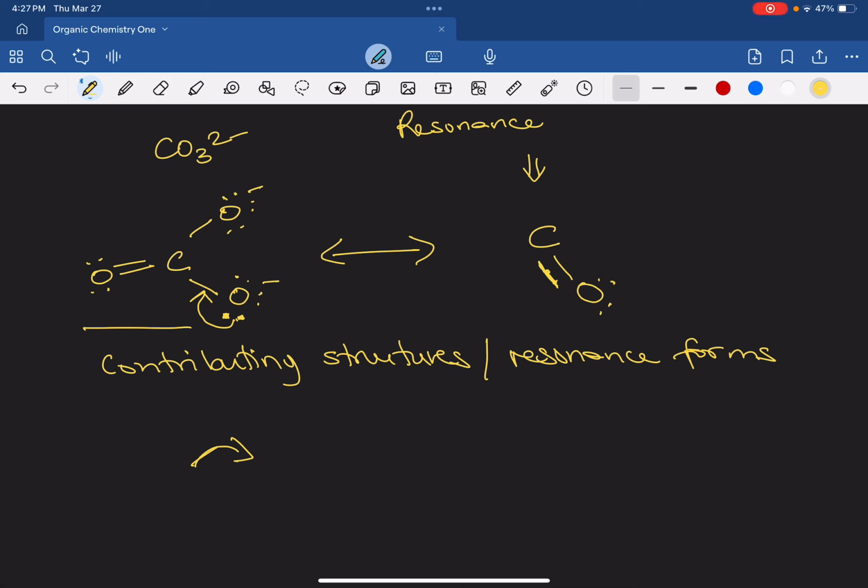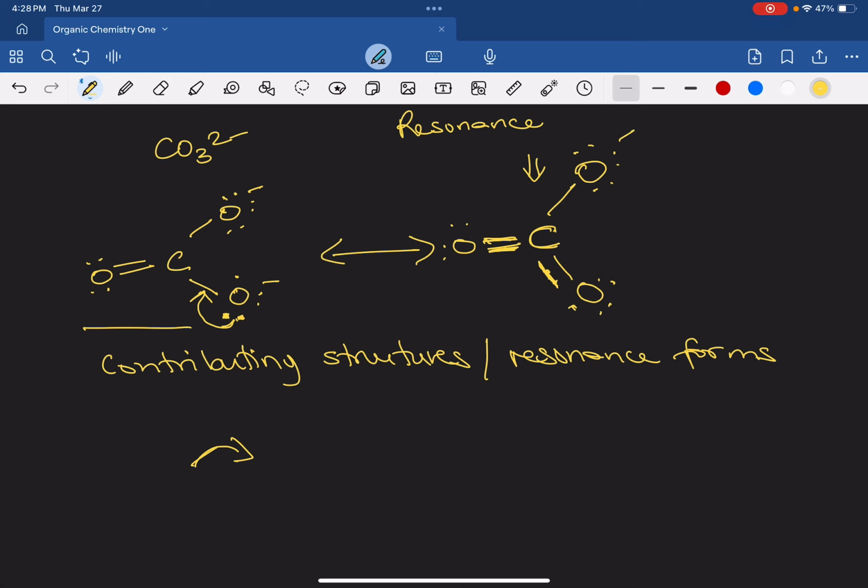Now, if the two electrons here become a bond, look at this. This oxygen right here has two bonds to it, right? So guess what happens? Another rule is each atom must maintain its octet. So when I make this new bond with this oxygen, this carbon will have too many bonds on it, so I have to break one.